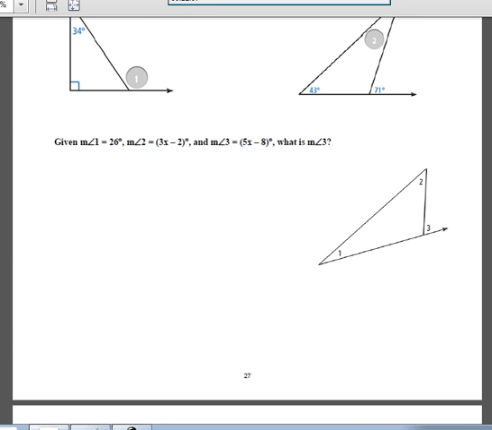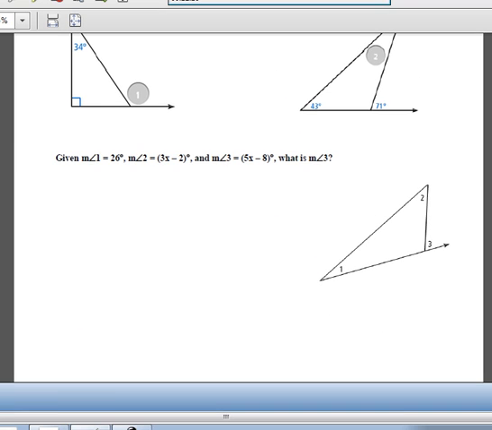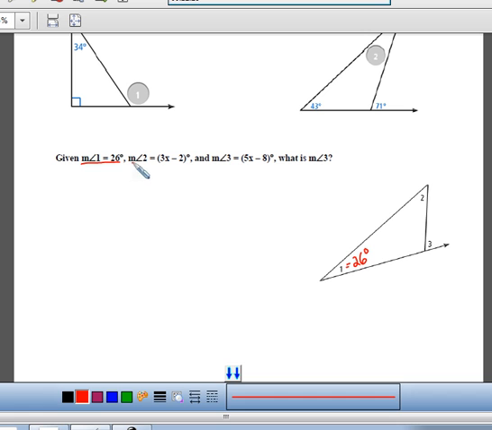Okay, now we're going to use all of this and create an algebra problem. Watch what I do. I'm going to be labeling everything right in my picture, right in my diagram. Given the measure of angle 1 is 26 degrees. Measure of angle 2 is 3x minus 1.